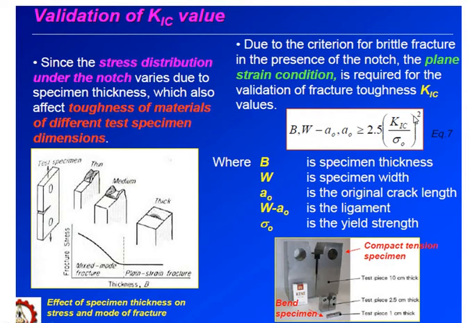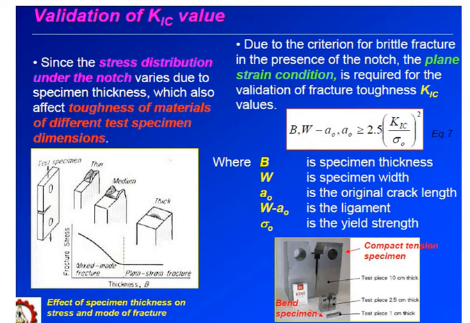So before finding this KIC, we need the minimum thickness of the specimen. How much thickness do we need to call it a plane strain condition? For thin and medium we say mixed mode of fracture, whereas for thick material, plane strain fracture. So for plane strain fracture, what minimum thickness is needed so that the material will behave like a plane strain fracture.